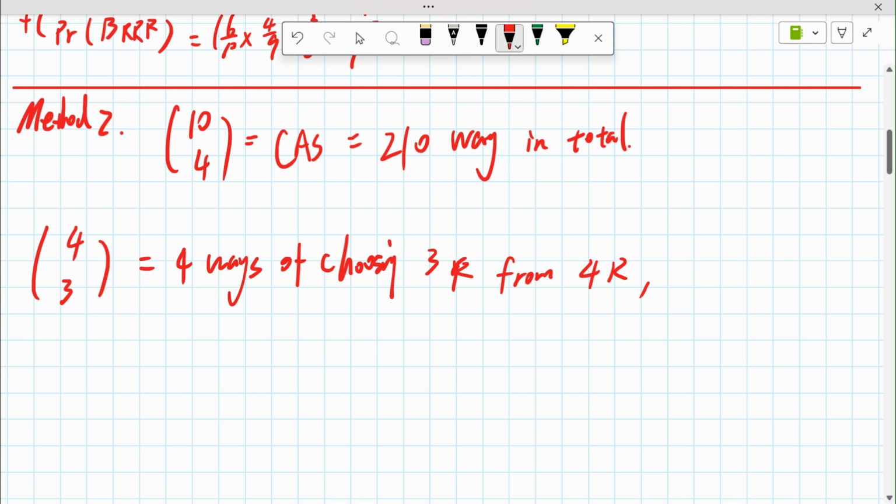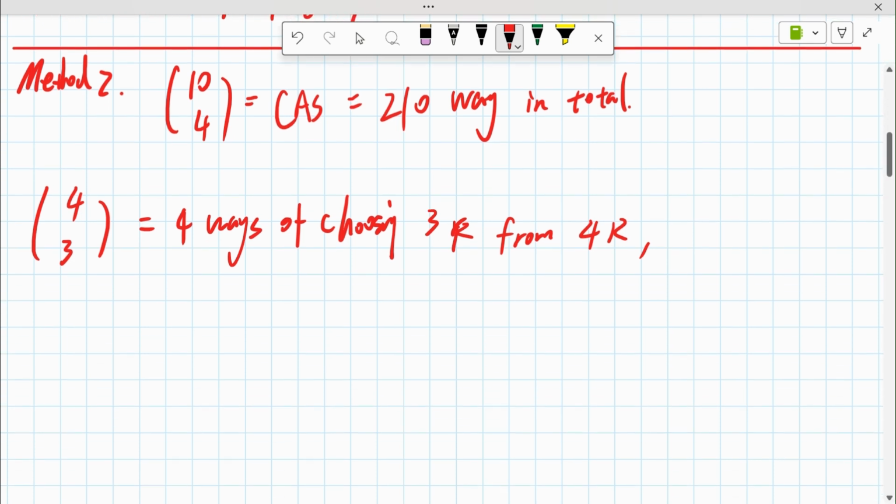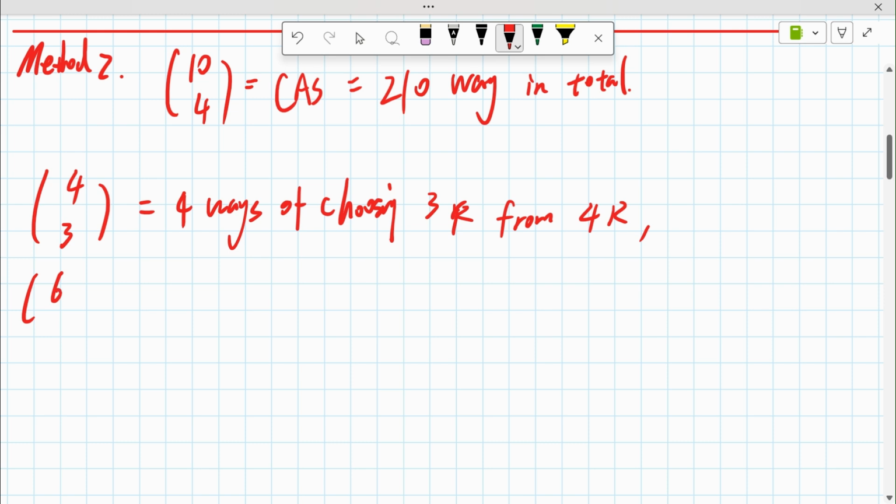Because in total you have 4 red balls, but you're choosing 3, that's 4 ways to choose. And you have 6 blue balls, and you're only choosing 1 blue ball. That's 6 ways of choosing 1 blue ball from 6 blue.